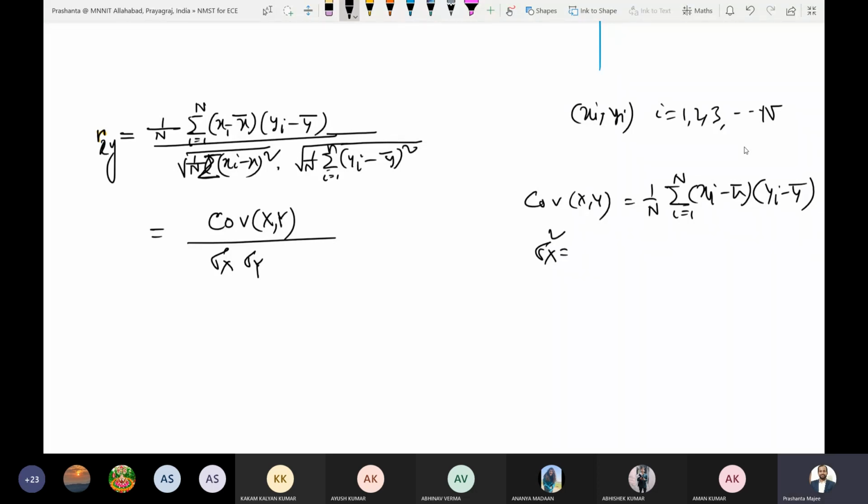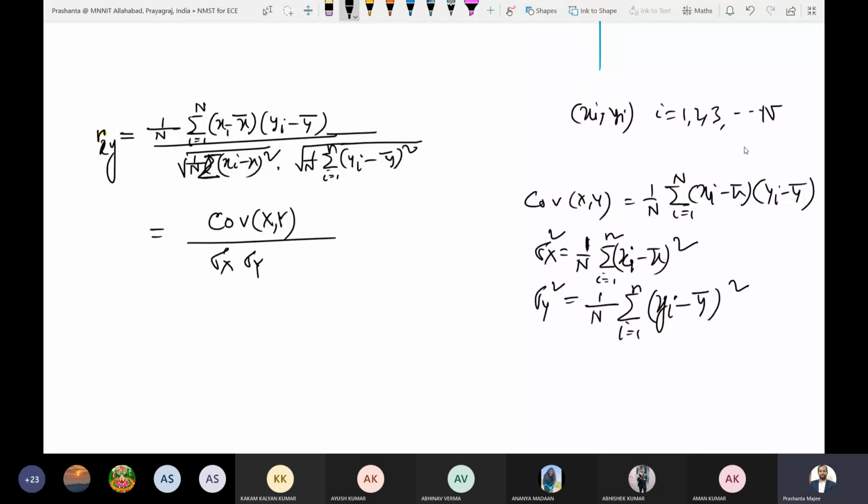Sigma x square equals 1 by n summation i equals 1 to n (xi minus x bar) whole square; this is the variance of the x values of the data. And sigma y square, the variance of the y values of the data, is again 1 by n summation i equals 1 to n (yi minus y bar) whole square.